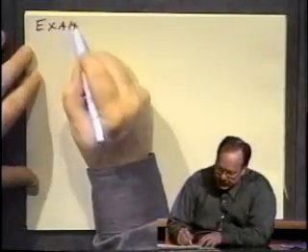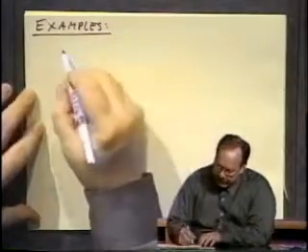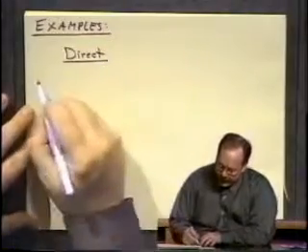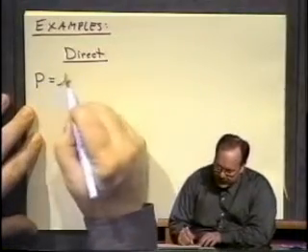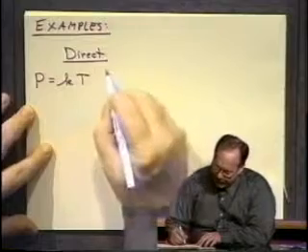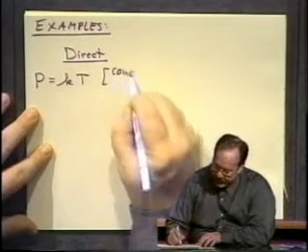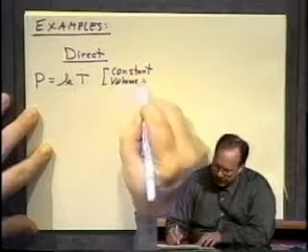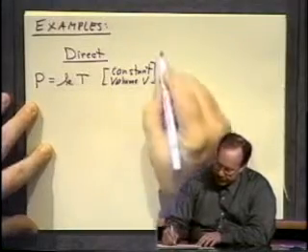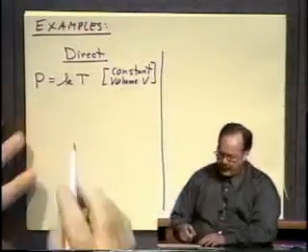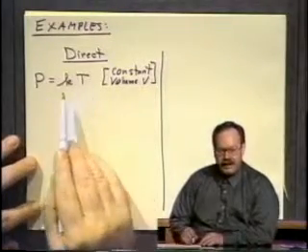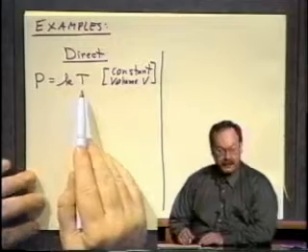So here are some examples from the sciences. And first, let me talk about direct variation. For example, here's a formula, P equals KT. And this is true for constant volume, say V. This is pressure, and this is temperature T. And pressure is simply a multiple of the temperature.